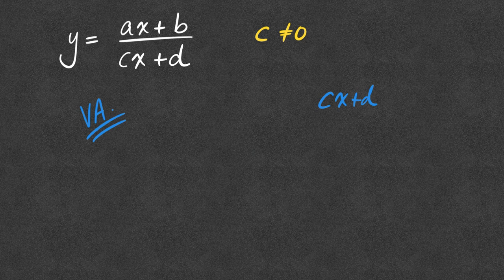And what I mean by that is, imagine that cx plus d was like 2x plus 3. Well, clearly then on top, my ax plus b couldn't also be 2x plus 3 because then it would simplify and now I wouldn't have a vertical asymptote.